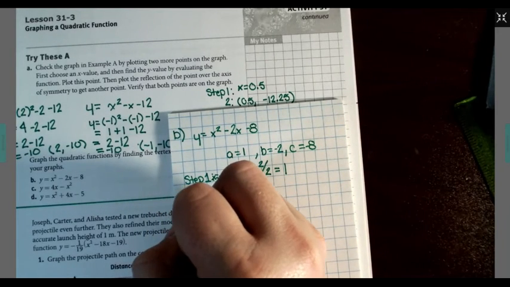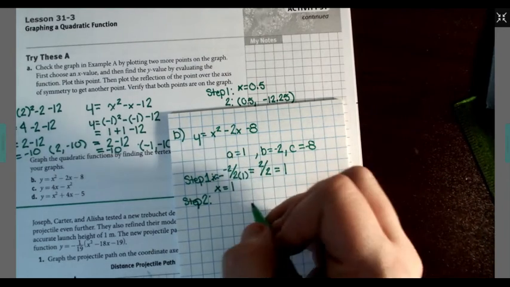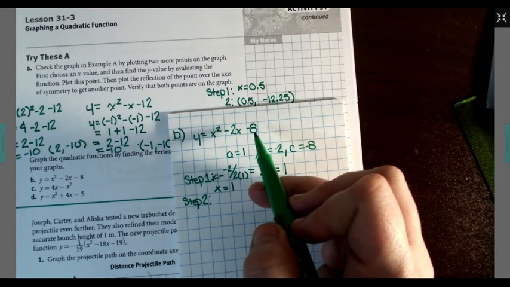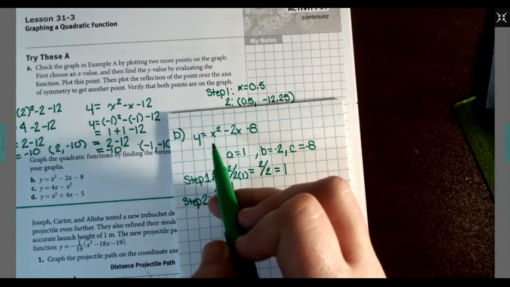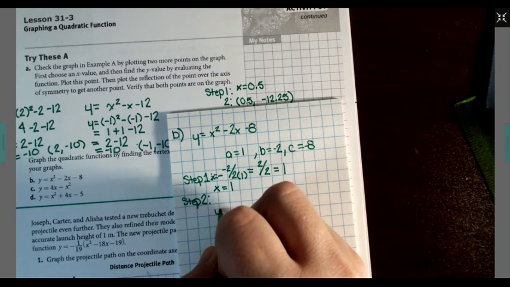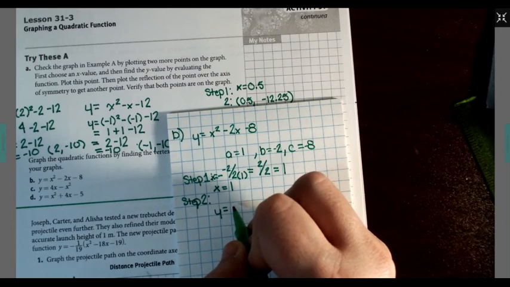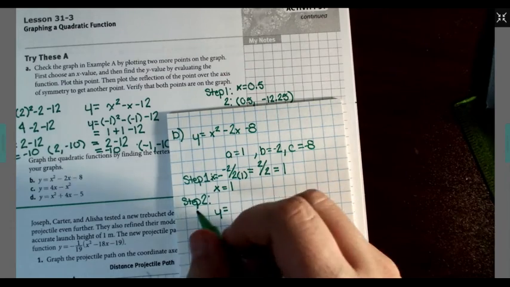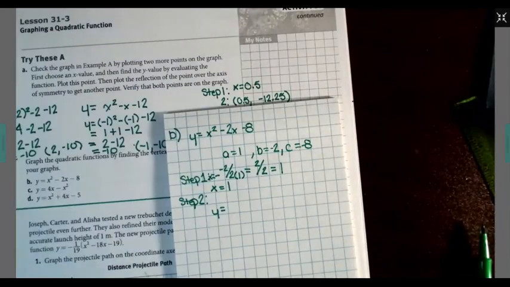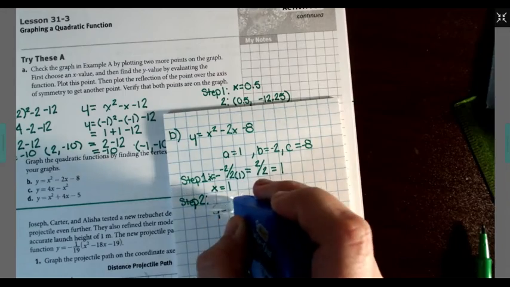Step 2. Find the zeros. We find the zeros by factoring. What two numbers can I multiply to get negative 8, but when added, give me a negative 2? Oh, sorry, step 2 is not this step. Step 2 is actually to find the vertex. I'm sorry.